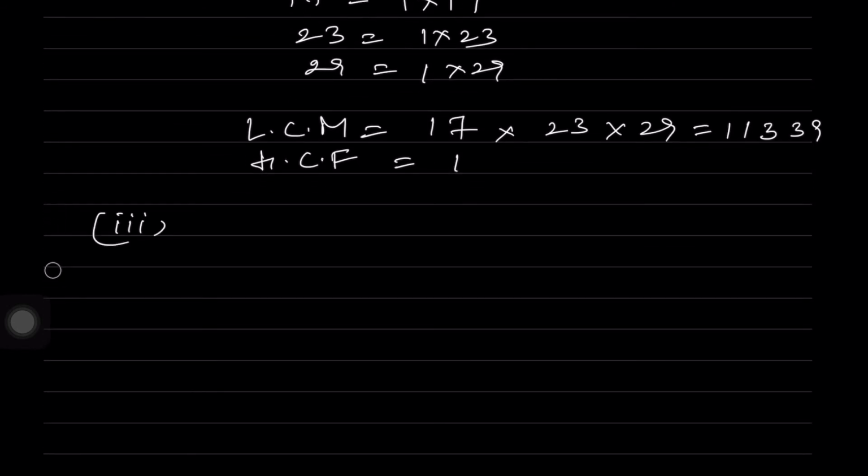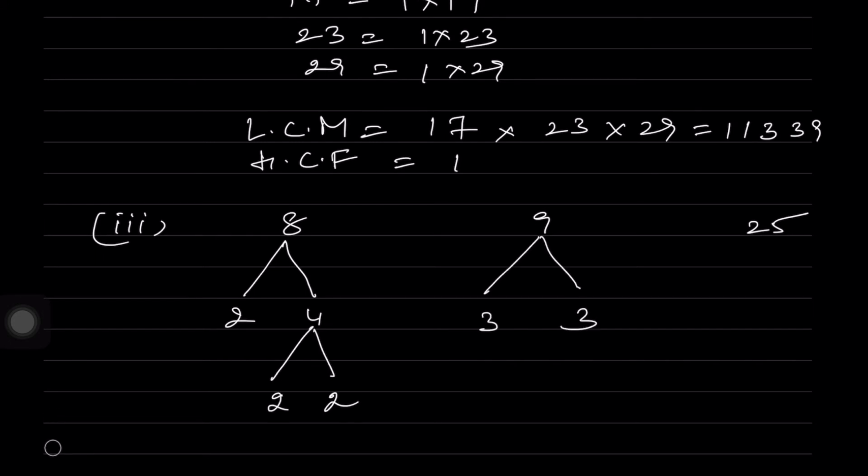And the last one, the third one, now here you have 8, 9 and 25. 8 can be written as 2 into 4. Again 4 can be written as 2 into 2. 9 is 3 into 3 and 25 is 5 into 5.